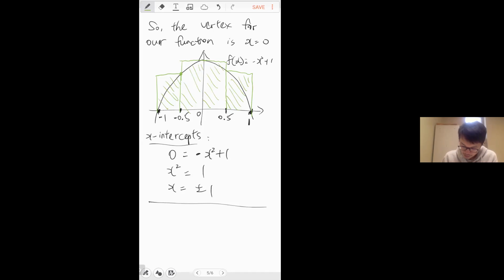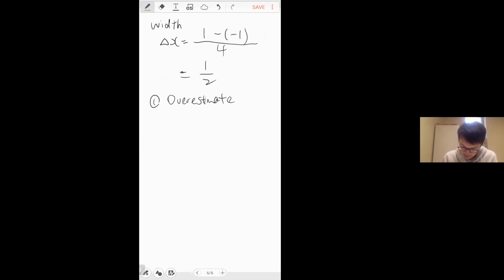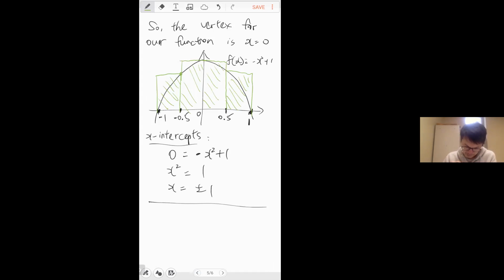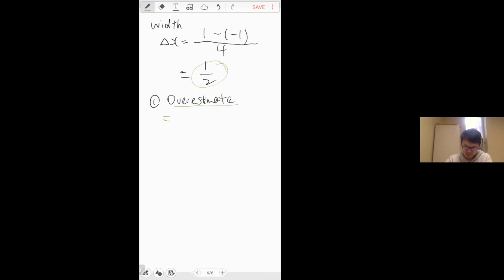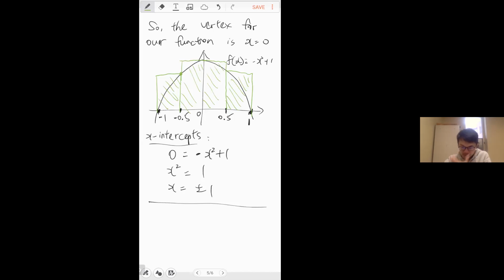Now let's compute the overestimate. So for each rectangle, the area would be the width multiplied by the height. The width is always 1/2. That's what you computed here. The height would depend on the endpoint.